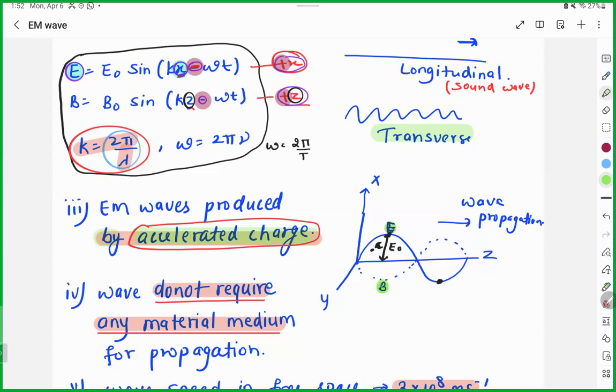Like let's take the electric field in x-axis, the magnetic field in the y-axis, and it is propagating in the z-axis. All three are perpendicular to each other. And an electromagnetic wave is always produced by an accelerated charge. Accelerated charge means a charge whose speed is changing.